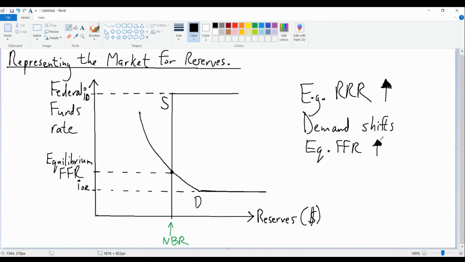So why would you do that? The Central Bank of China sometimes raises the required reserve ratio because they're trying to make banks lend less.